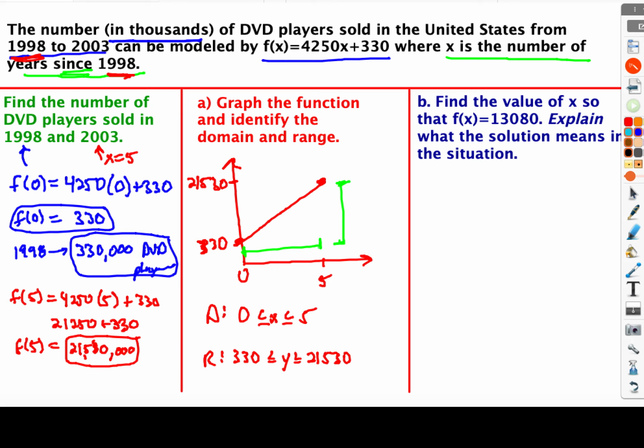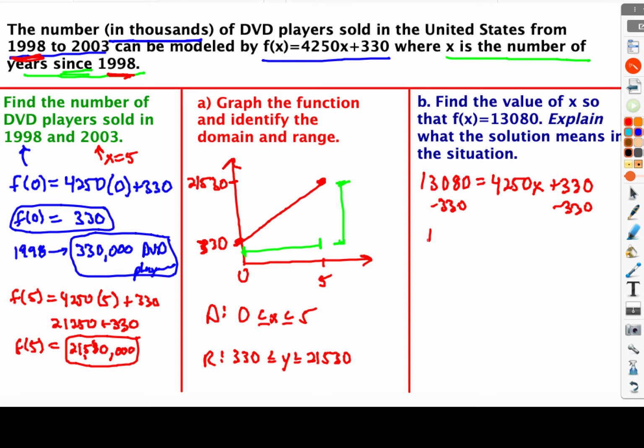And then finally, well, what if they asked us for the value of x? Well, I'm finding x. That means they gave me the f of x value, 13,080 here, equals 4250x plus 330. So the first thing I'm going to do is subtract 330. I want to try to solve this equation.